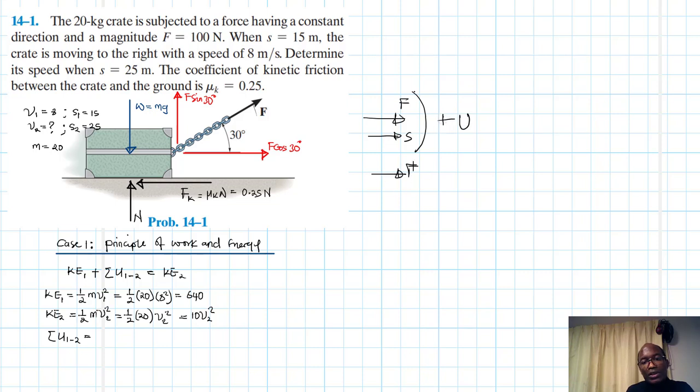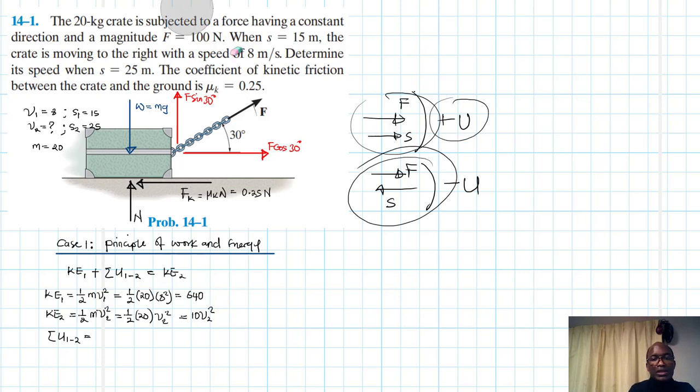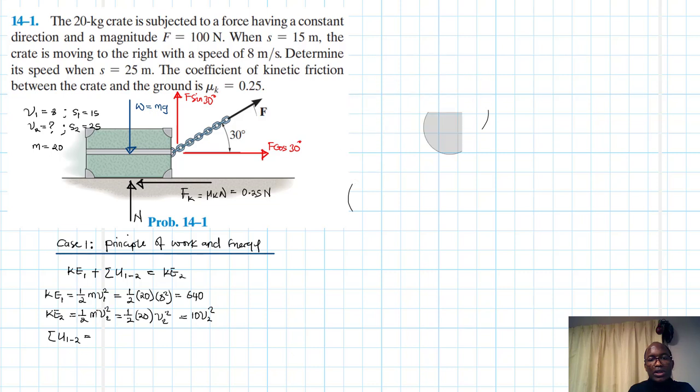And if the force is in this direction and the displacement in that direction, we call this negative work. The same goes with work due to the weight, and so on and so forth. If they're in the same direction, positive work; in the opposite direction, negative work.